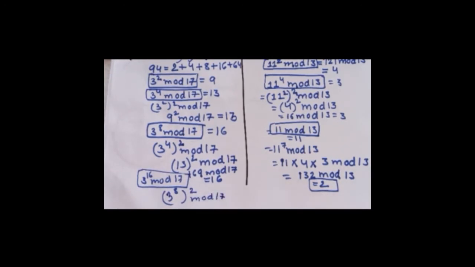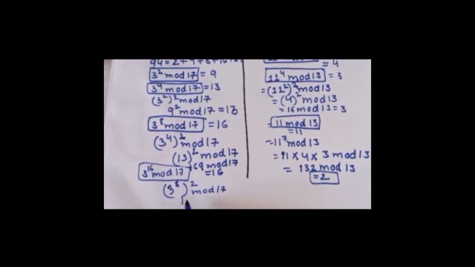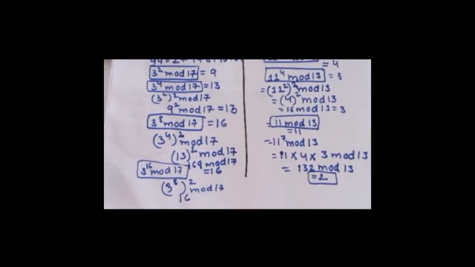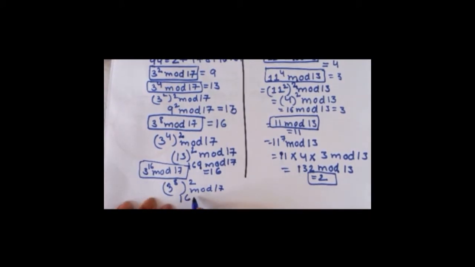How do you do this? Again, very easy. We know the answer for 3 to the power 8 mod 17, which is 16. So we already know one value, which is 16. Right, 16 to the power 2 mod 17.